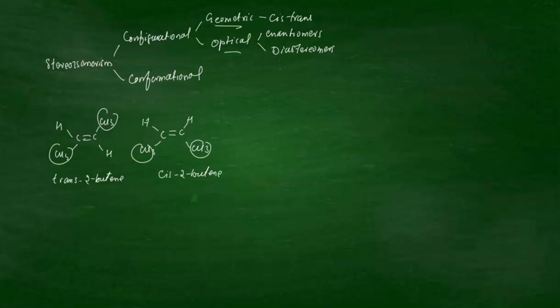Here we have a molecule with a methyl group, and we place a mirror in between, and then the mirror image of the molecule will be like this one.